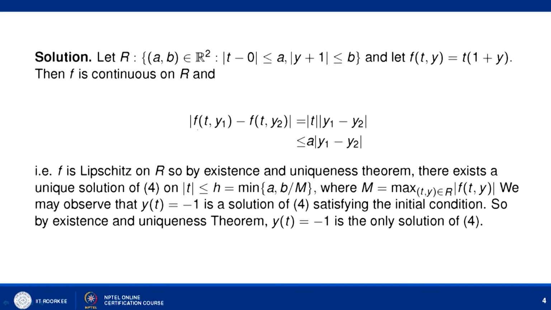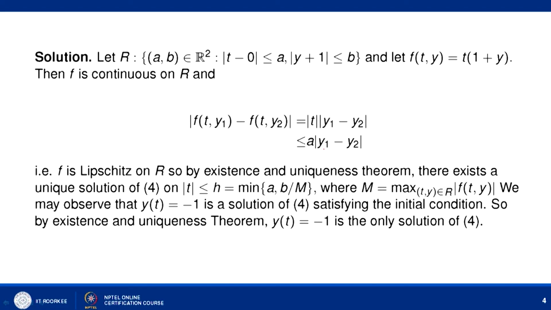We can also verify that f(t, y) satisfies the Lipschitz condition, that is, modulus of f(t, y1) minus f(t, y2) is equal to modulus of t times (y1 minus y2), and since modulus of t is less than or equal to a, this is less than or equal to a times modulus of y1 minus y2. So, it means that this f(t, y) satisfies the Lipschitz condition in terms of y.